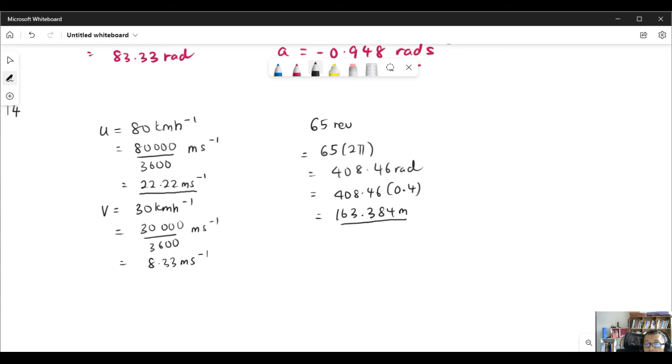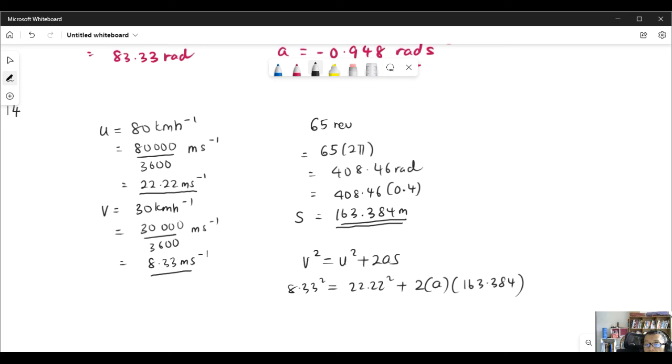So since we have initial velocity 22.22 meter per second, final velocity 8.33 meter per second, and displacement 163.384, this is S. So what is the formula? We use v squared equals u squared plus 2as, where v is 8.33 squared equals 22.22 squared plus 2 times the acceleration times 163.384.